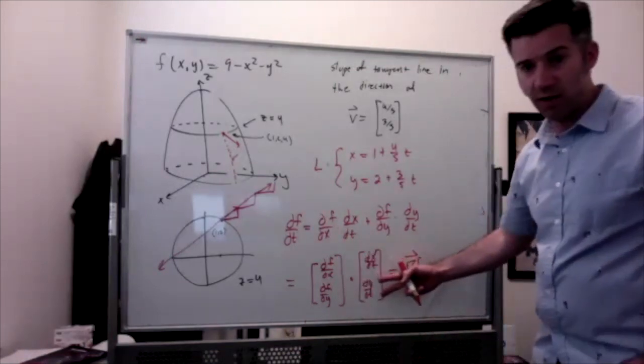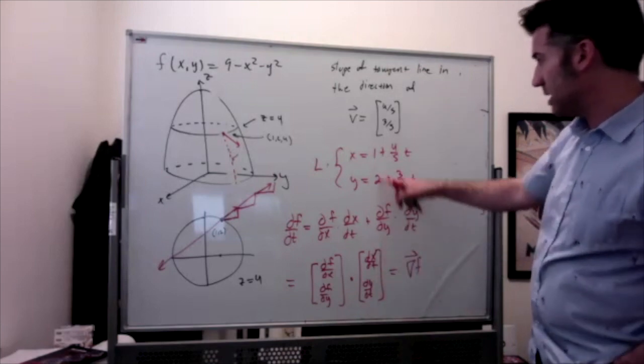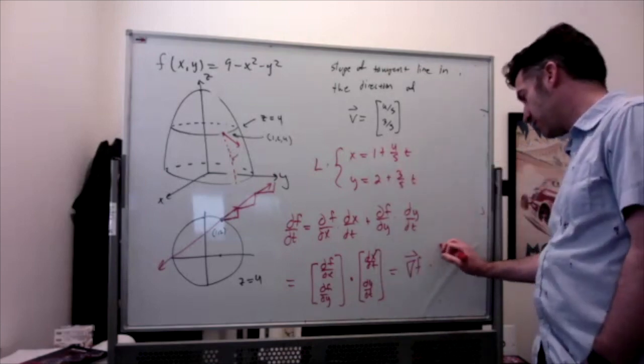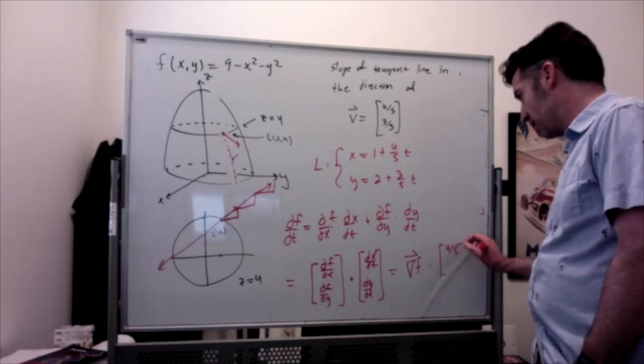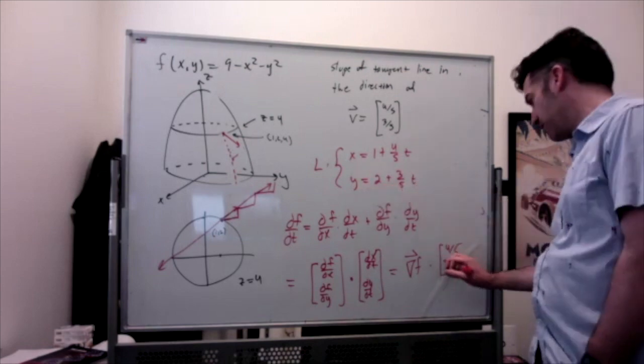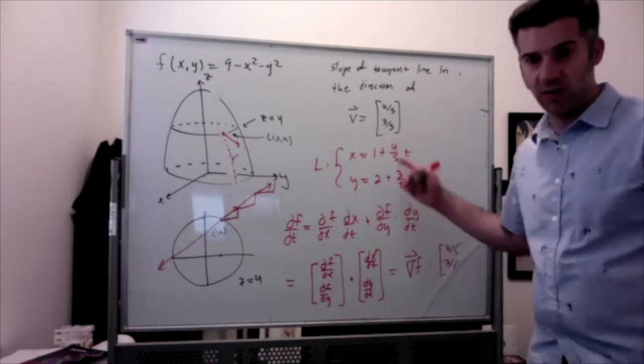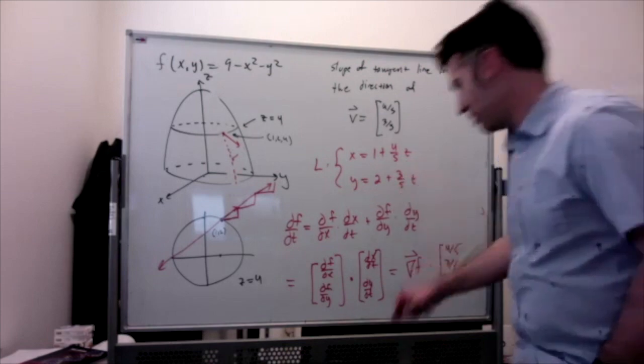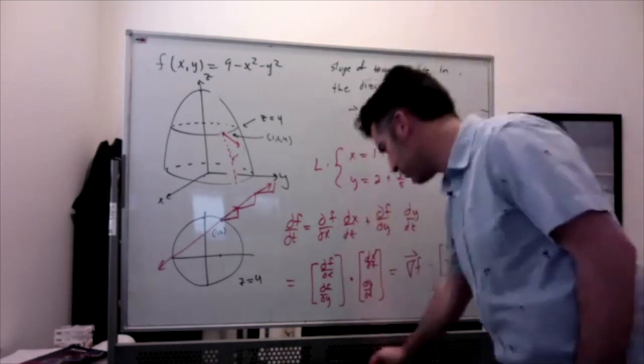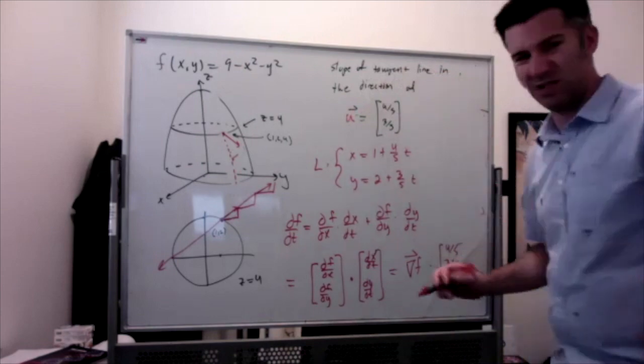And then this here, dx/dt is just 4/5. dy/dt is just 3/5. Oh, that's our direction vector, which I really actually wanted to call u, not v, sorry, because it should be a unit vector.